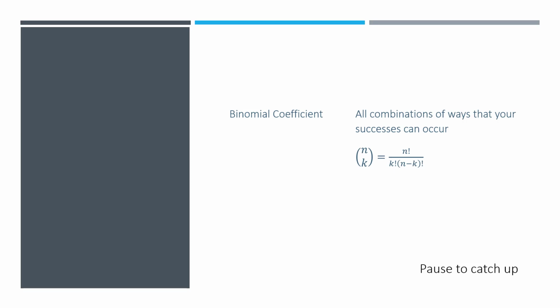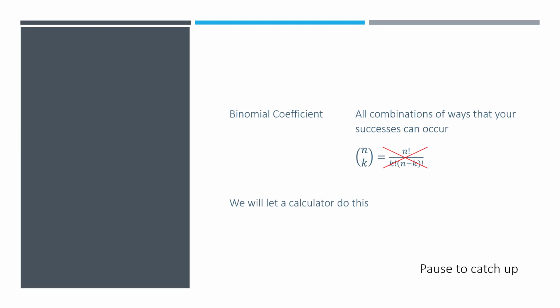This gives us what is known as the binomial coefficient, this 10 choose 2 value, which accounts for all combinations of ways that your successes can occur. Now, this formula should bring you back to combinations and permutations from geometry class using factorials, and I know that gets you very excited. But the even better news is we're going to use our calculator to give us this value. So we don't need to stress out about this formula at all.